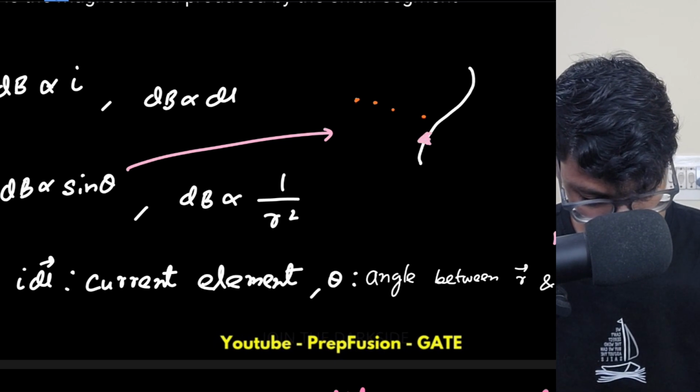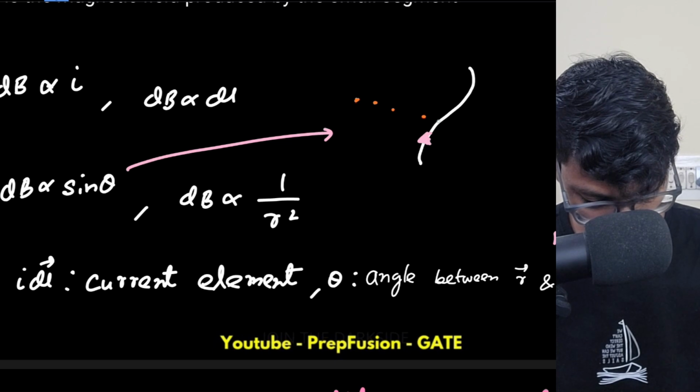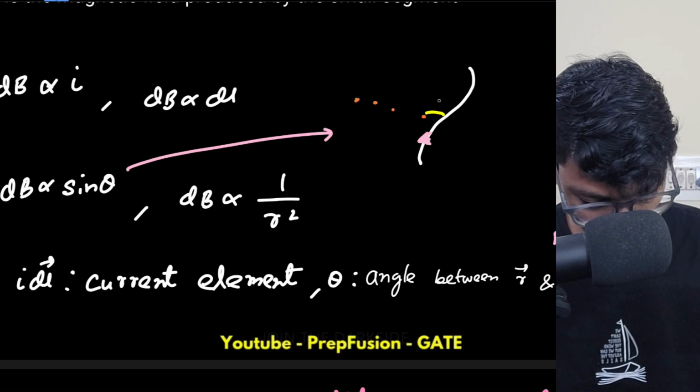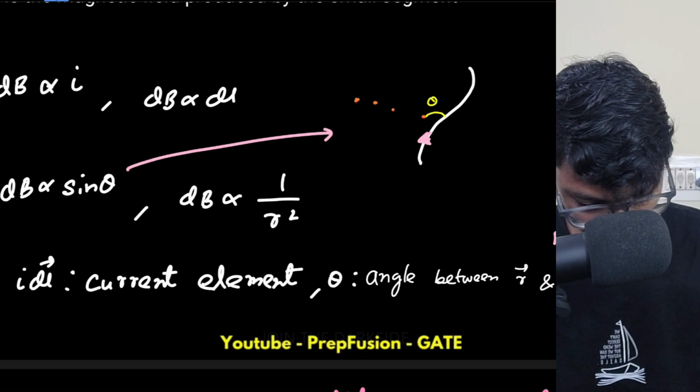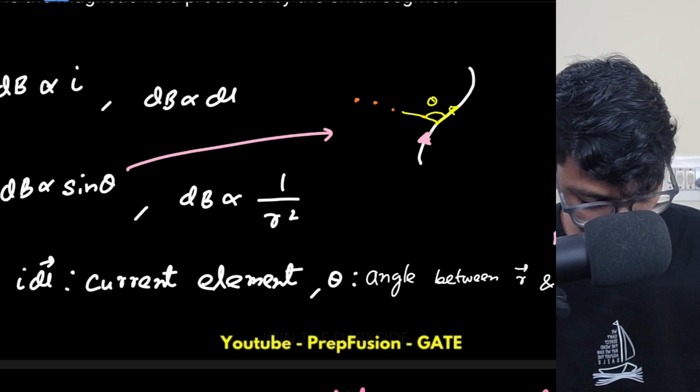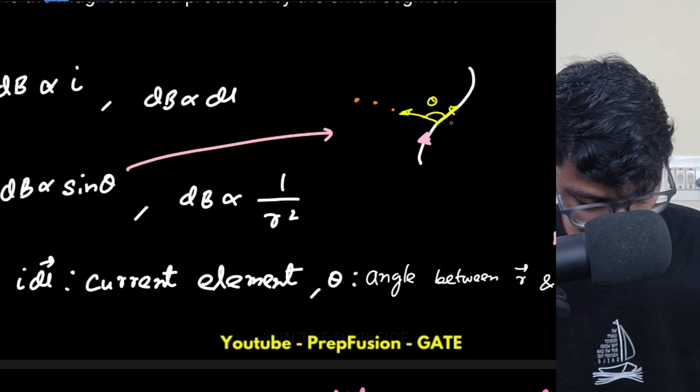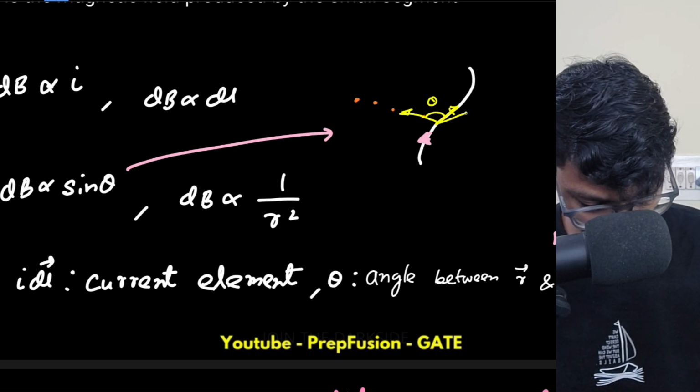So currently this has two components. This is the theta, and this is the current element, right? So this element will have one component along this and another component perpendicular to this.